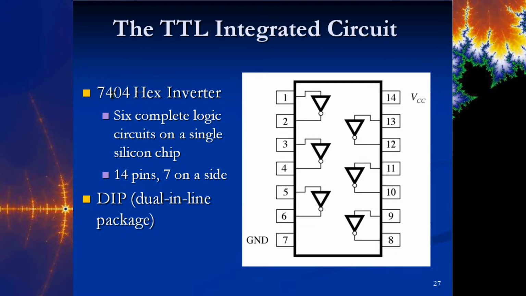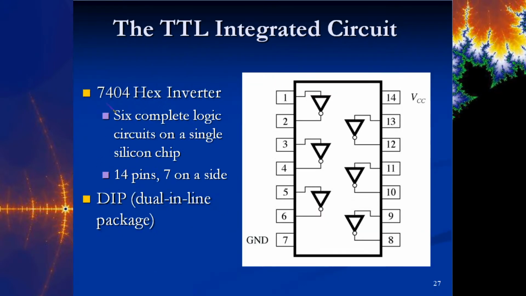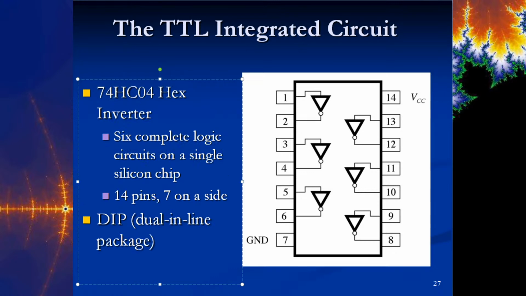Okay, and so the way that you would tell is, these are all 4000 series, so that might be like a 4001 or a 4010. The TTL is all 7404, 7408. If you see a 74HC04 or 08 or whatever, that means that it's a CMOS chip with a TTL pinout.